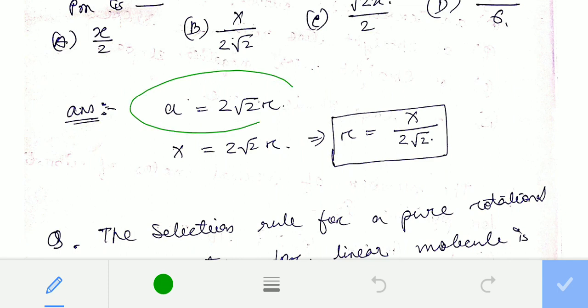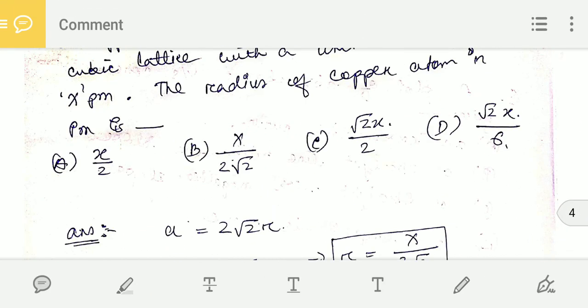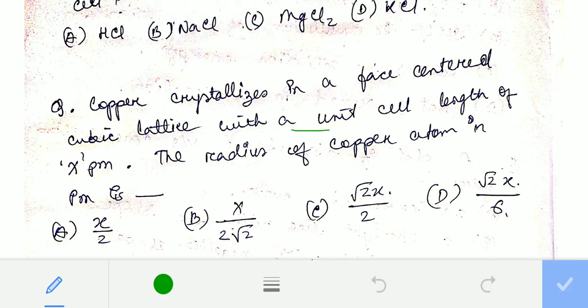So since copper crystallizes in an FCC lattice, as you can see in the solution, for FCC the edge length is related to its radius by the relation a equals 2 root 2 r, where a is the edge length, which is given in the question as the unit cell length.